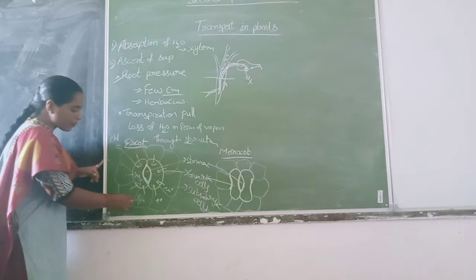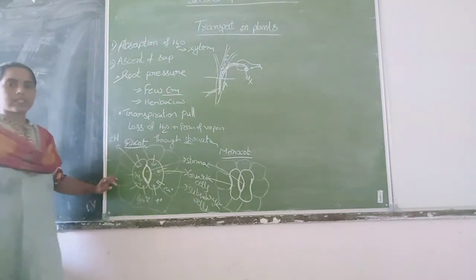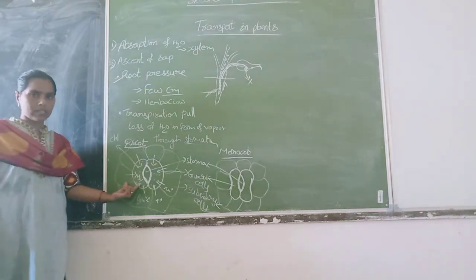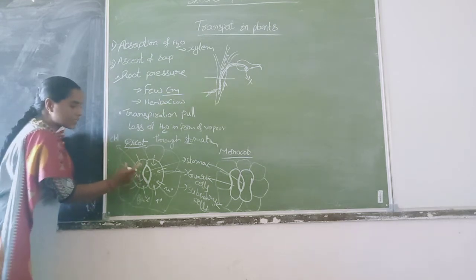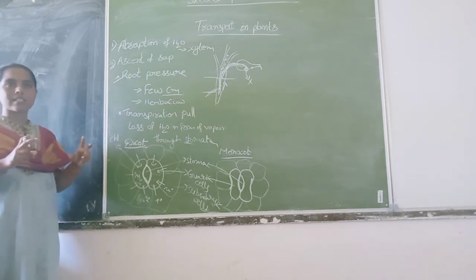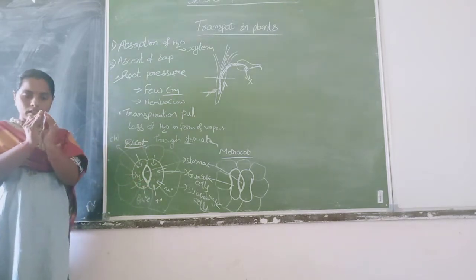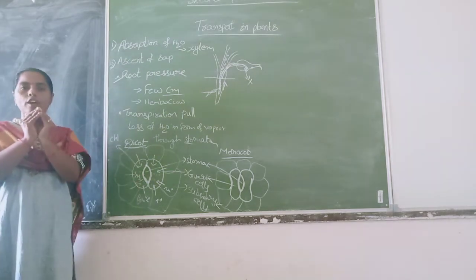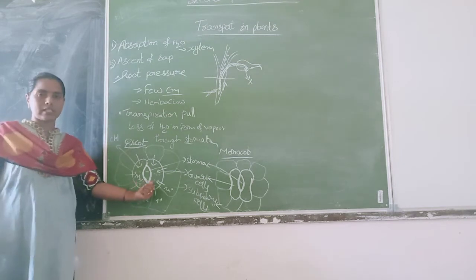So automatically water enters into the guard cells. So the guard cells will become turgid and increase in size. Automatically the stomatal aperture or stomatal pore opens due to the turgidity of guard cells.